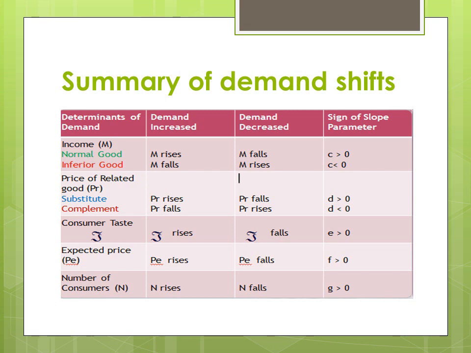When our demand curve shifts above, we can say it is extension, and our quantity demanded will increase. When our demand curve shifts downward and leftward, demand will decrease, and demand is contracted, or you call it contraction.